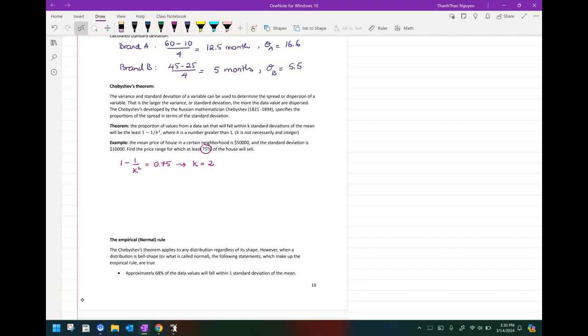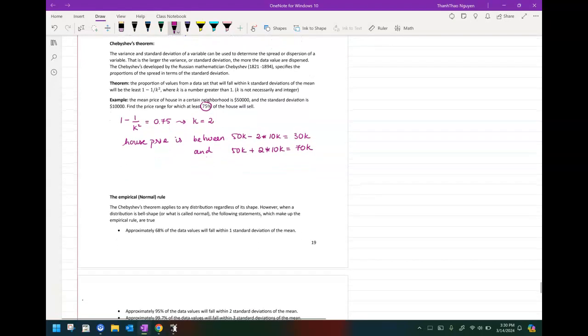So if the mean is 50,000 and the standard deviation is 10,000, then the house price is between 50k minus 2 times 10k, that is 30k, and 50k plus 2 times 10k, that is 70k. So the house price is between 30,000 and 70,000.